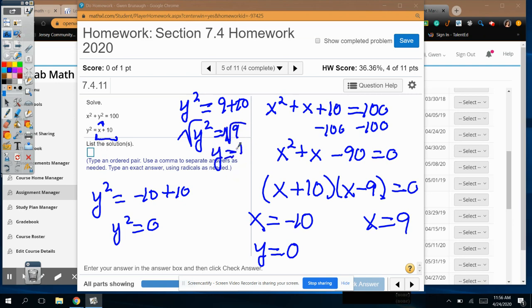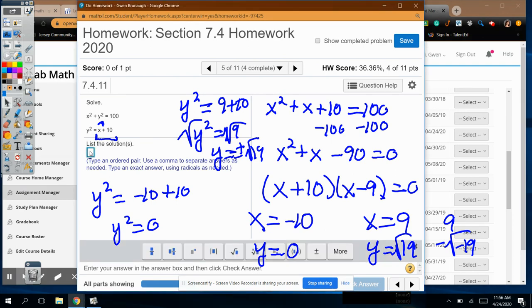Y equals plus or minus the square root of 19. So one time it'll be positive square root of 19, and one time it will be negative square root of 19. So it looks like I'm getting three answers here. Let's see if I did it correctly. It's hard to say. It's been a while since I've done these. Negative 10, 0.